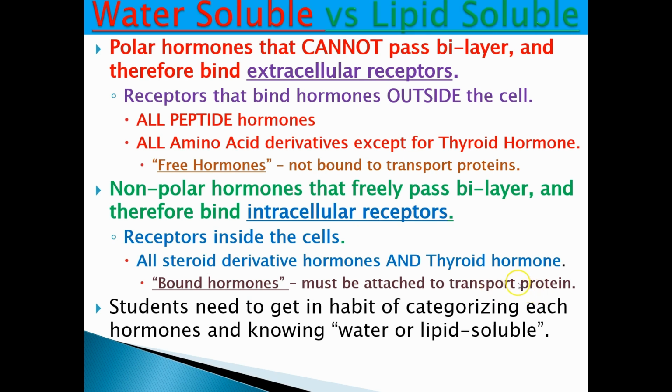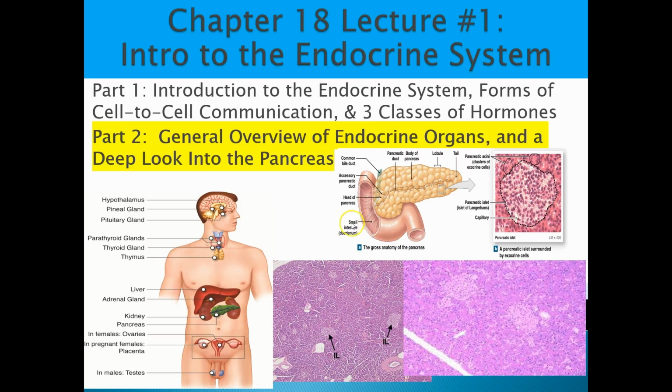You'll learn about transport proteins come chapter 19, which is whole blood. Those are some of the main proteins in our blood, literally to transport steroid-based or lipid-based molecules. Because they're lipid-soluble, they would otherwise be passing through every membrane. So they need to be bound to something, which basically serves almost like a bus stop.